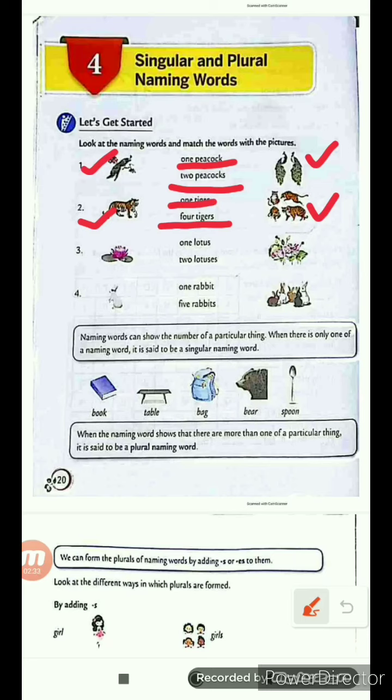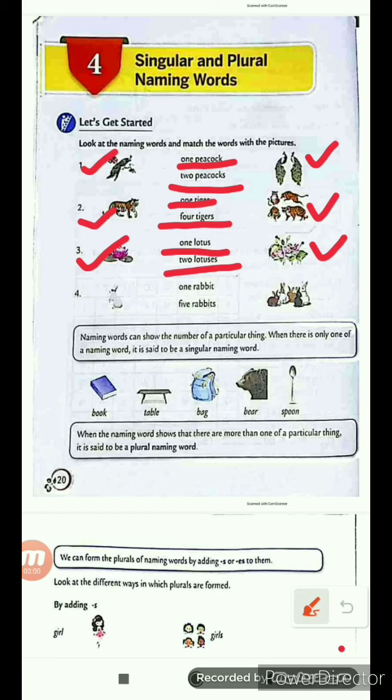Next written here, one lotus. You can see the picture of the lotus on the left hand side, that is one lotus. On the right hand side picture, you can see so many lotuses. So two lotuses, more than one.